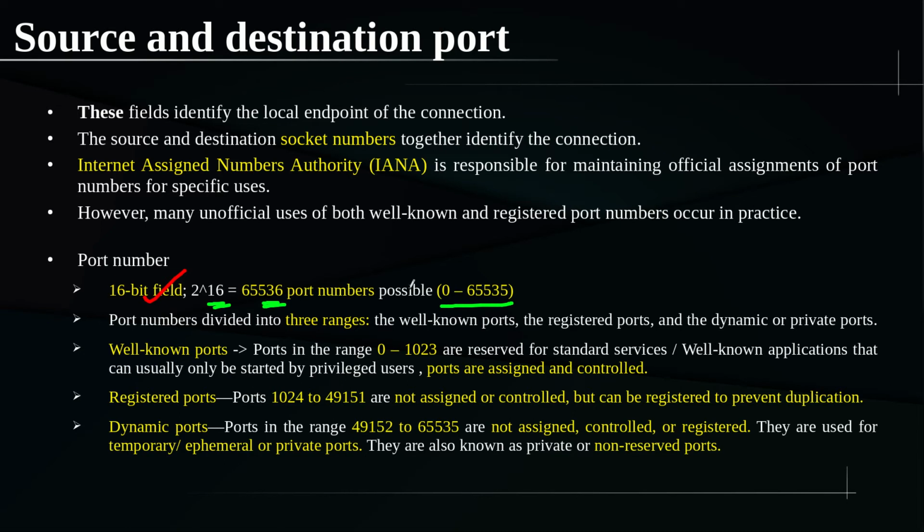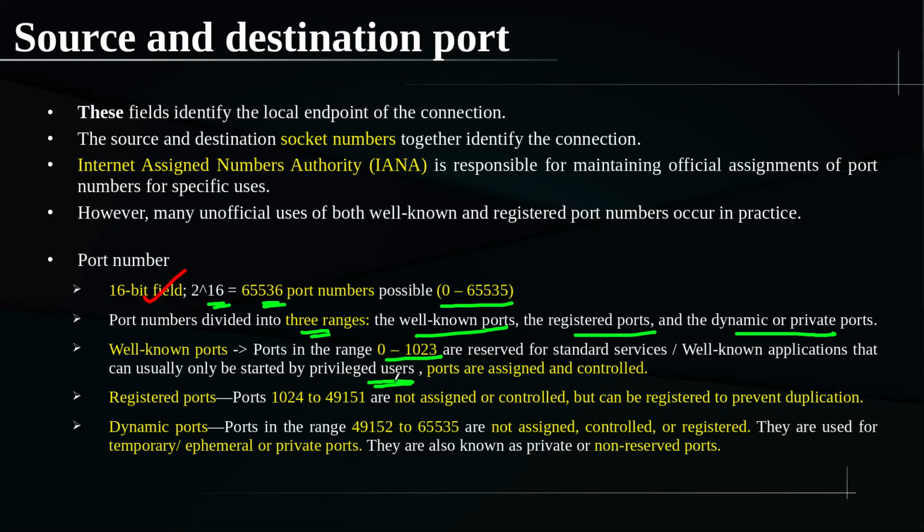Now this whole range is further divided into three sub-ranges: the well-known ports, the registered ports, and the last category, dynamic or private ports. Looking at the well-known ports, out of these 65,536 combinations, the first 1024, that is 0 to 1023, are reserved for standard services or well-known applications that can usually only be started by privileged users, like the super user in Linux.